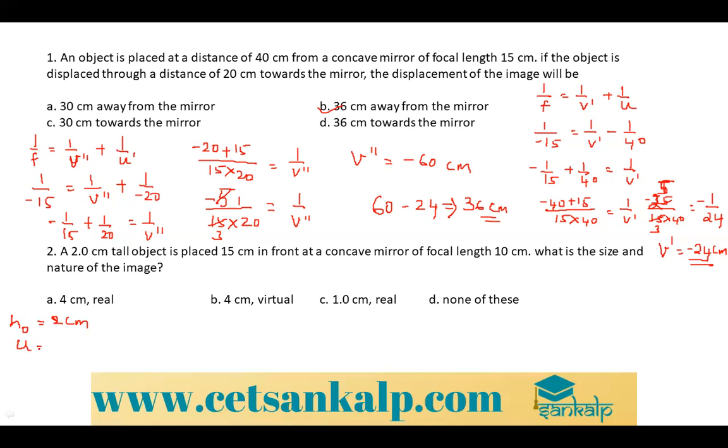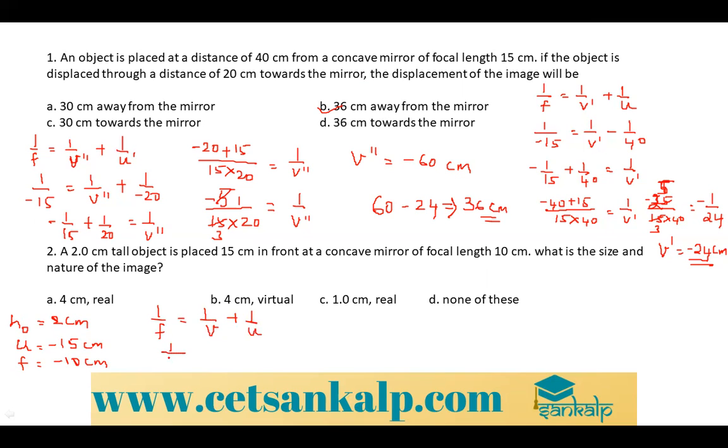So u is equal to minus 15 centimeter. f is equal to minus 10 centimeter, since it is a concave mirror. Okay. Now which formula? 1 by f is equal to 1 by v plus 1 by u.